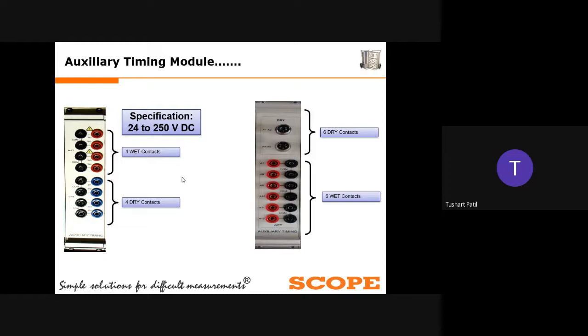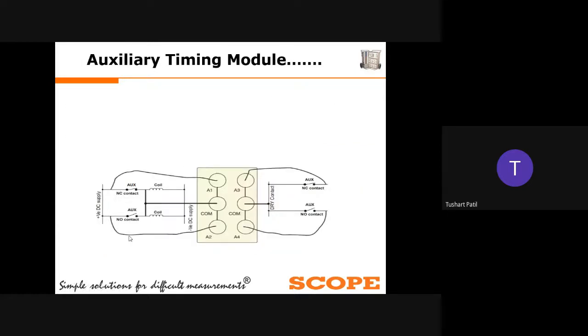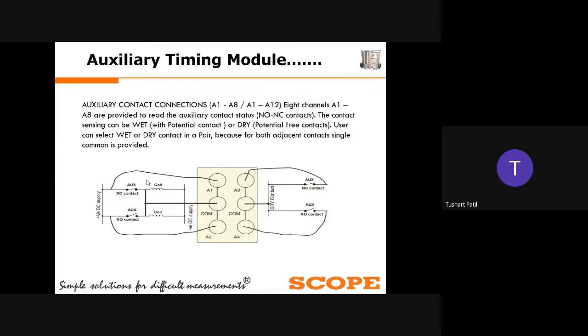We have a specification for wet contacts from 24 volt to 250 volt DC. With wet contact channels, we can measure the timings of wet contacts, and dry contacts you can measure at any point. There is a simple connection.